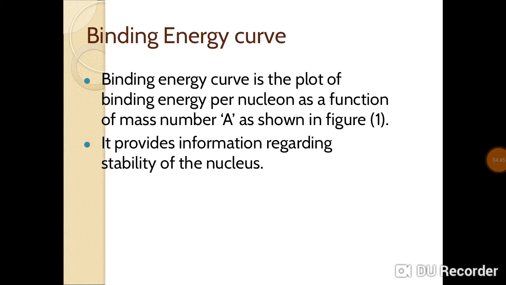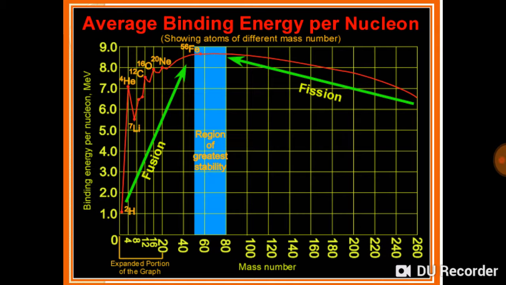Binding energy curve is the plot of binding energy per nucleon as a function of mass number capital A. It provides information regarding stability of the nucleus. Figure shows binding energy curve. The binding energy curve at first rises steeply.